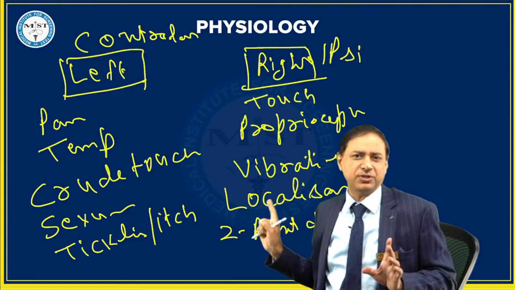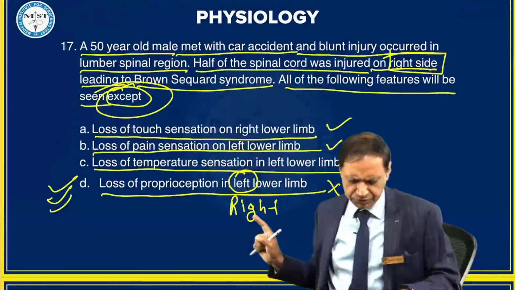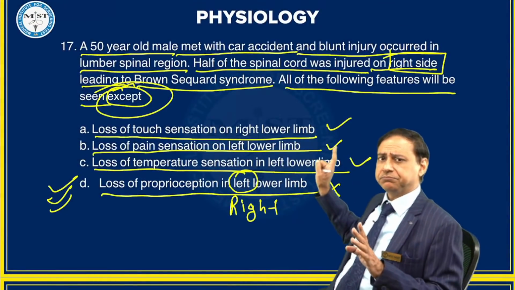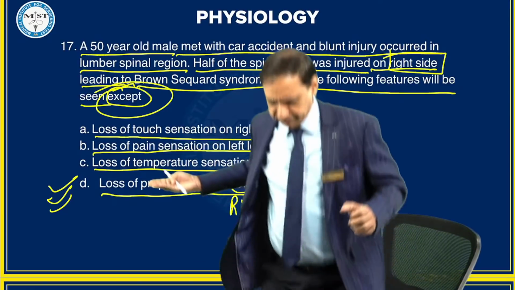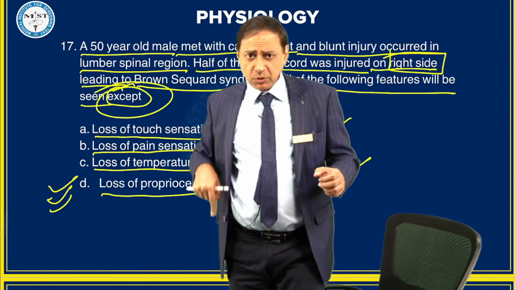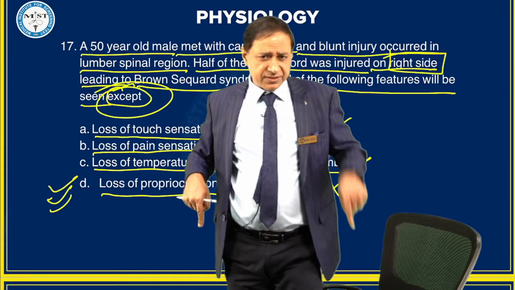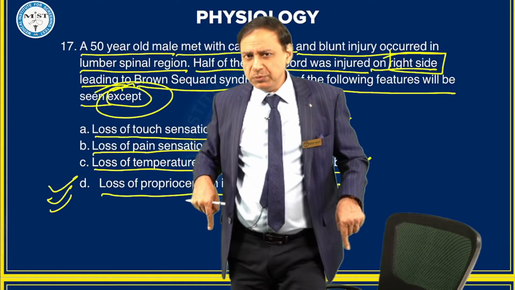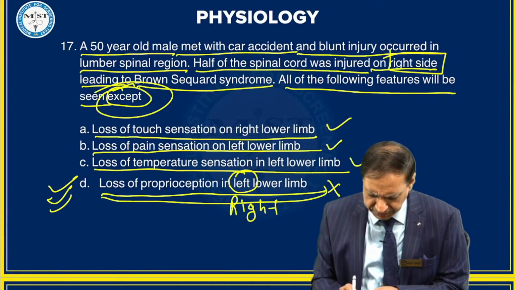Just try to remember it. This question is simply based on Brown-Sequard syndrome, spinal cord half cut on the right side. If it is half cut here, then in this limb, touch will go, vibration will go, proprioception will go. And in this limb, pain and temperature will go. So this is the answer here.